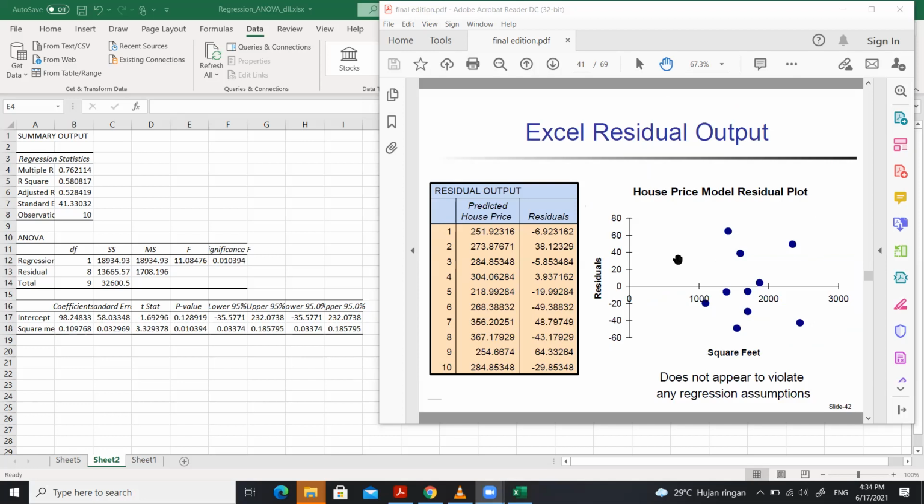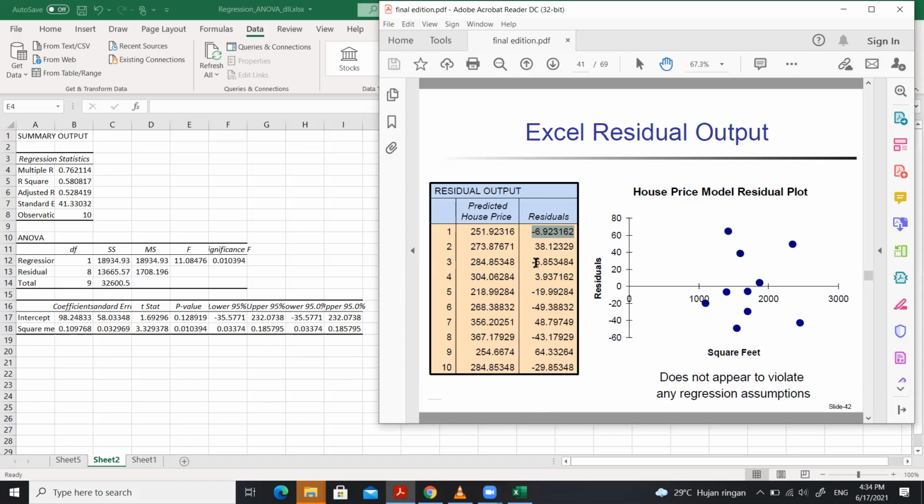This kind of residual data, for example, we have the data here, given the predicted house price, and then we have the residual being like this.